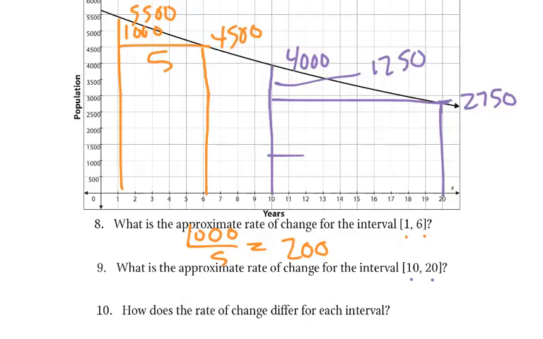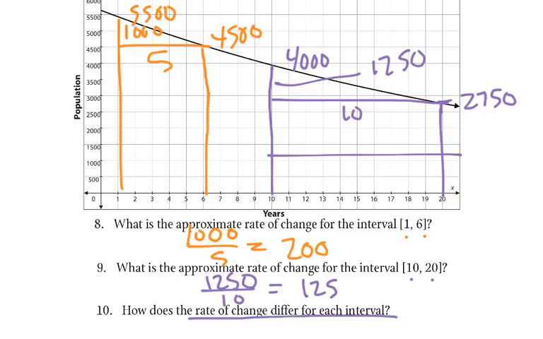Then our horizontal change is 10, so 1,250 divided by 10 would give us 125. So how does the rate of change differ for each interval? By about 75, doesn't it? Okay. All right, there we go for that one.